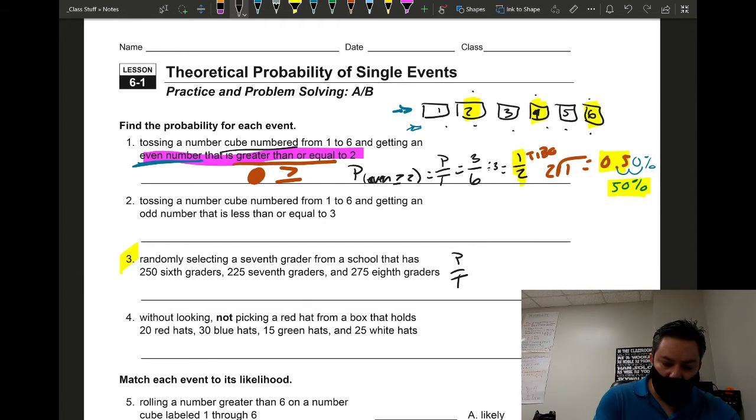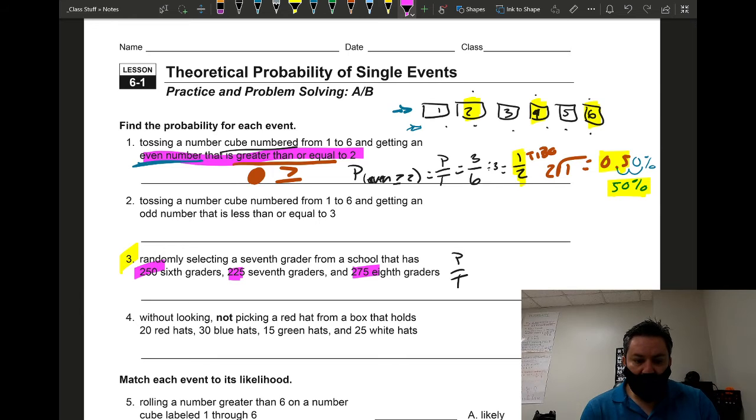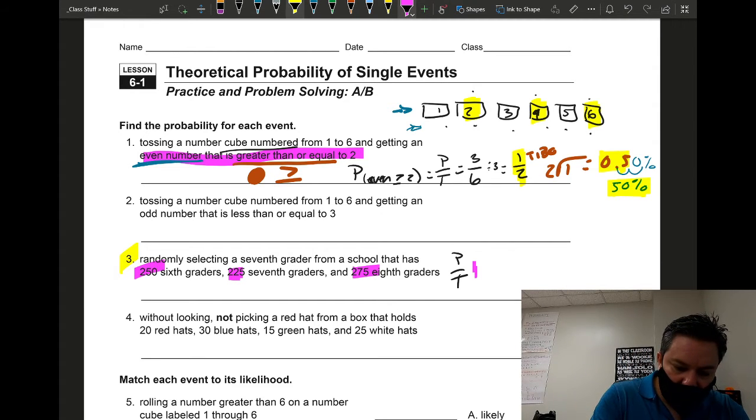The total is going to be all of them combined. So the first thing that you have to do is add this up. 225 plus 275 plus 250. 225 plus 275 is 500, plus 250. So the total, when you add the 3 of them, is going to be 750.